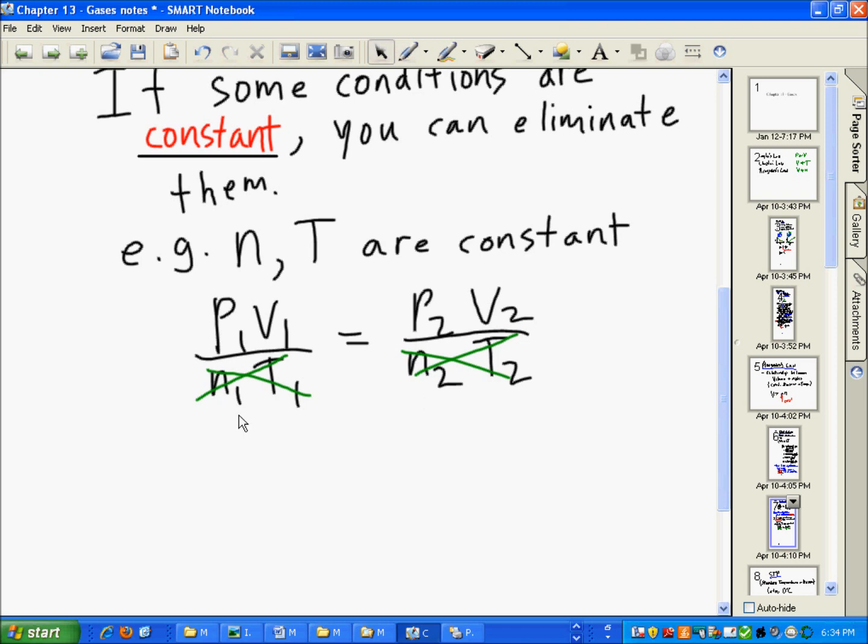If it's 1 mole on the left side and 1 mole on the right side, you can multiply both sides by 1 mole and that will get rid of it. It'll be equal to 1. And the same thing with the temperature. If the temperature was 273 kelvins on one side and 273 kelvins on the other side, then you could multiply both sides by 273 kelvins and that number would disappear. So that's why you can just eliminate those. And all you'd be left with in this case would be P1V1 equals P2V2, which reduces the complexity of the equation.